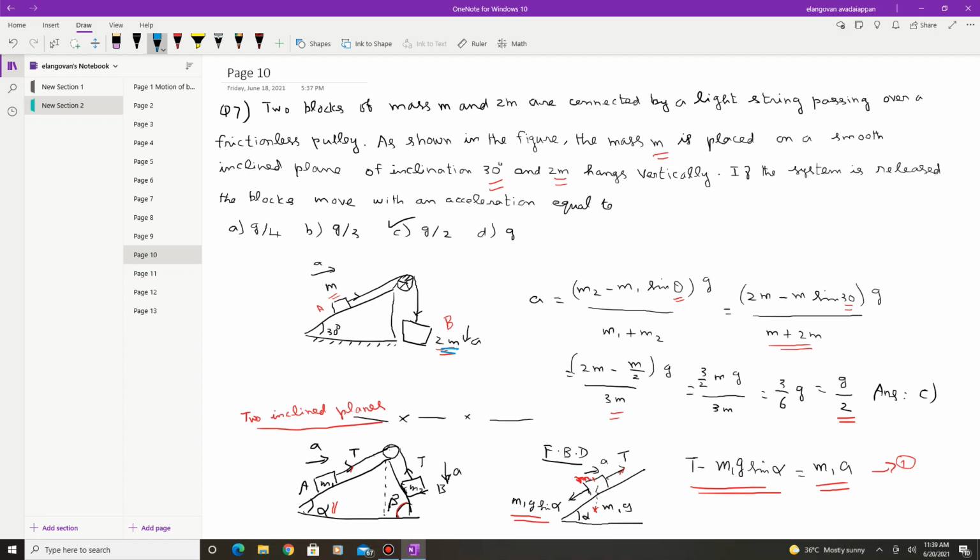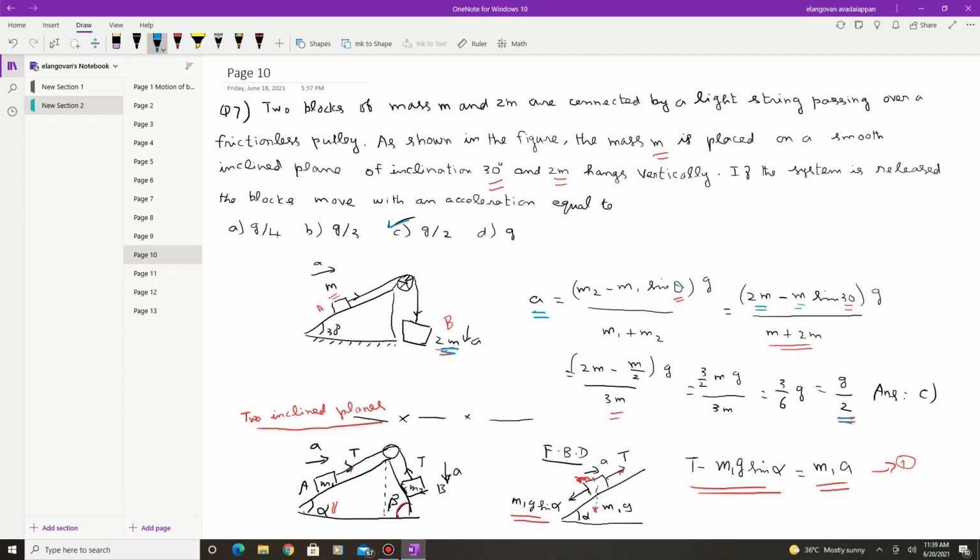We have already calculated the expression for acceleration: (M2 minus M1 sin theta) g divided by (M1 plus M2). Here M2 is 2m, M1 is m, and theta is 30 degrees, so sin 30. Substituting these values, the acceleration is found to be g by 2. So option C is correct.